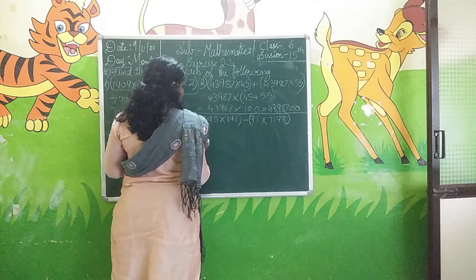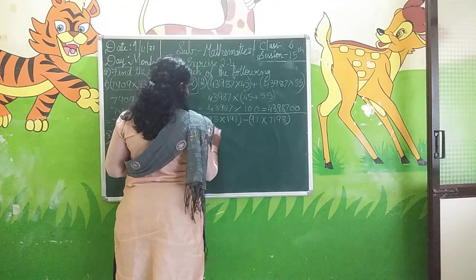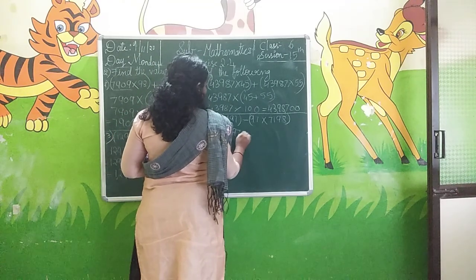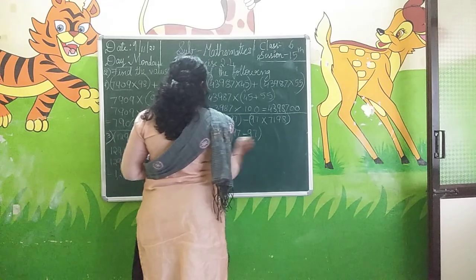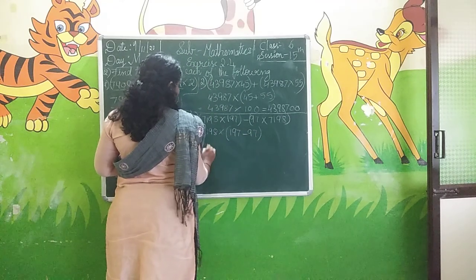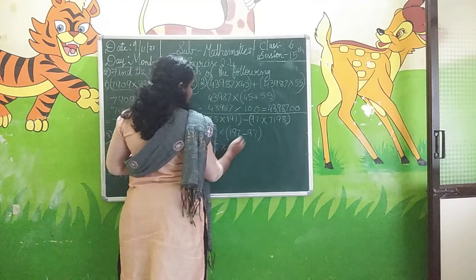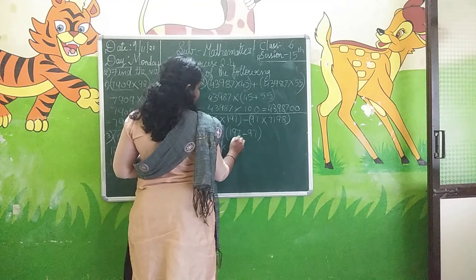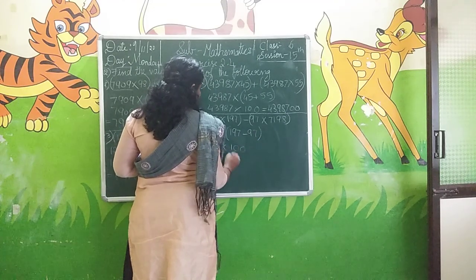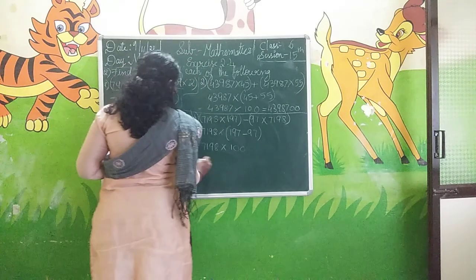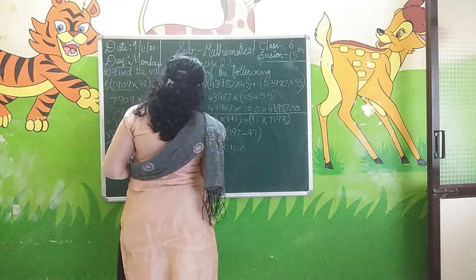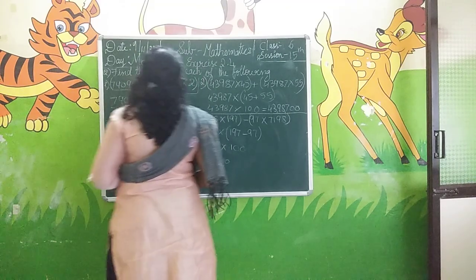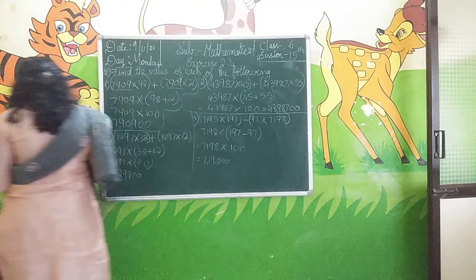So you take it once itself. 7,198 into 197 minus 97. What will we get as the answer? In 197, if you deduct 97, 7 minus 7 is 0, 9 minus 9 is also 0, 1 is left, so 100. When you multiply this, we get 7,19,800 as the answer. Okay, students, got it?